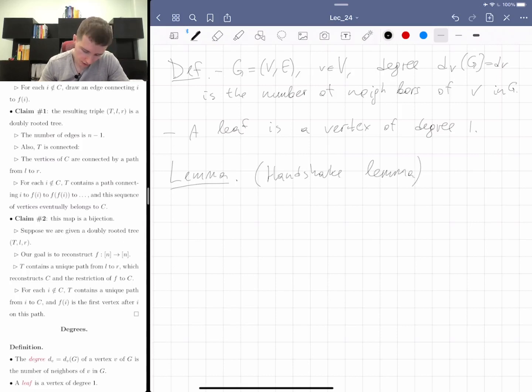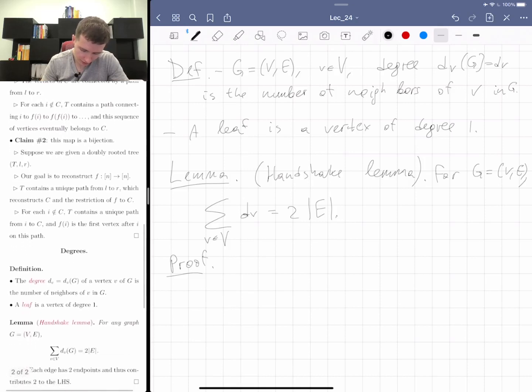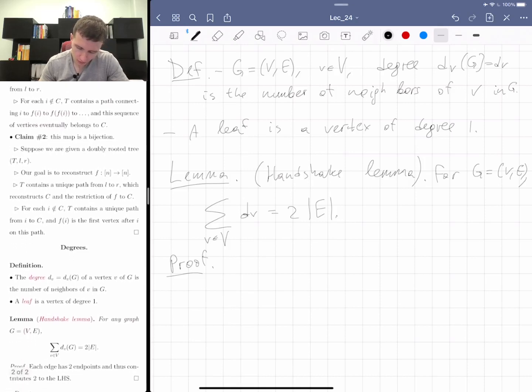It tells you that for any graph G, the sum over all vertices of their degrees is equal to twice the number of edges. And the proof is very simple. On the left hand side, it counts each edge twice.